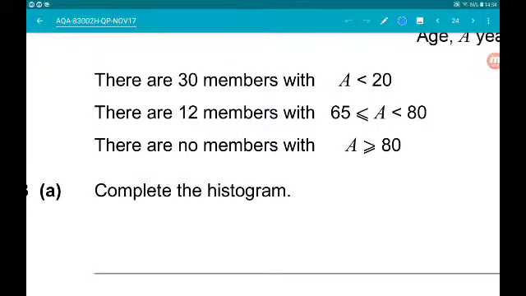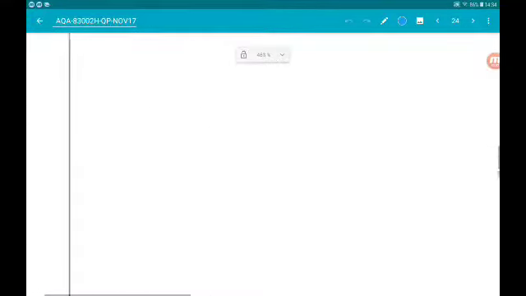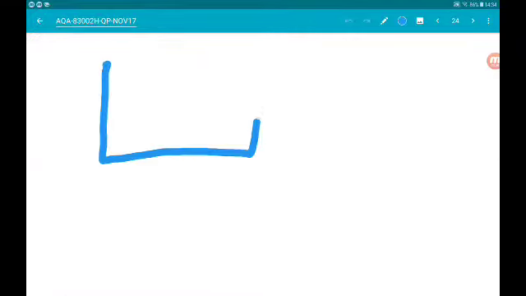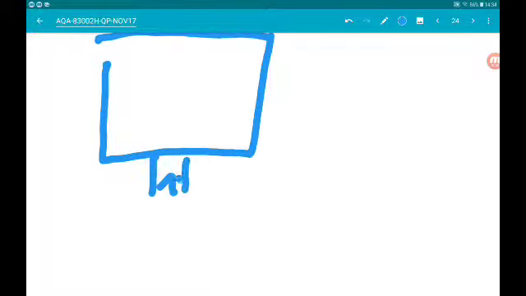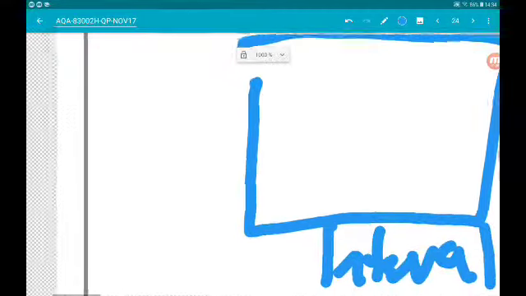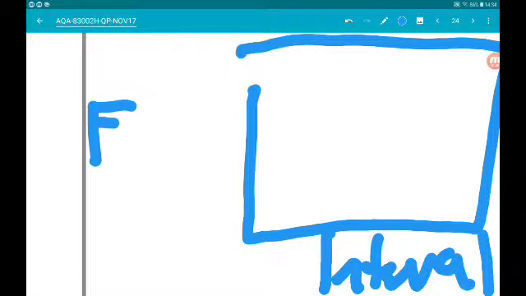Part A, 3 marks, wants us to complete the histogram. So, crash course in histograms. Along the bottom you got interval width. Upside you have frequency density.